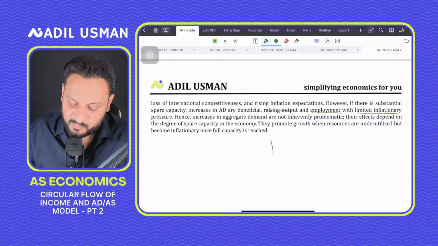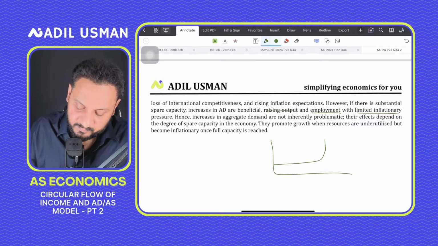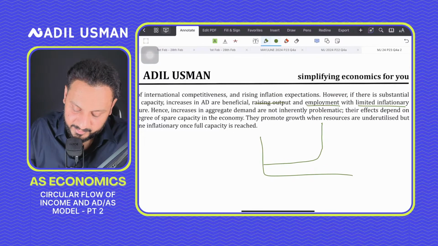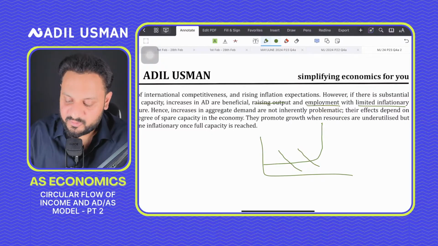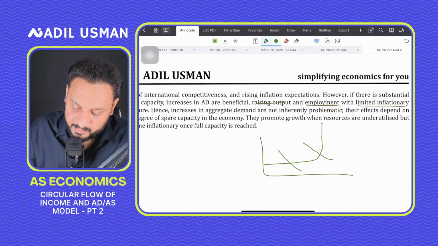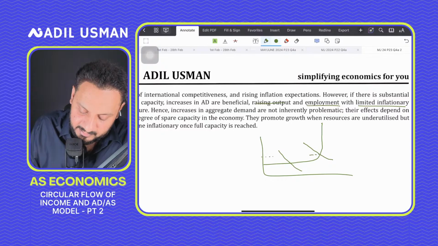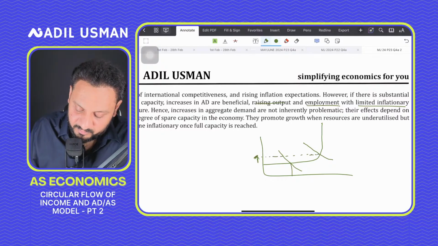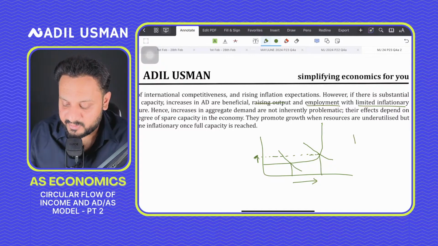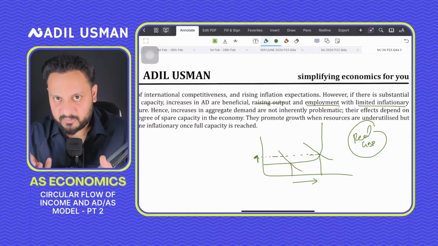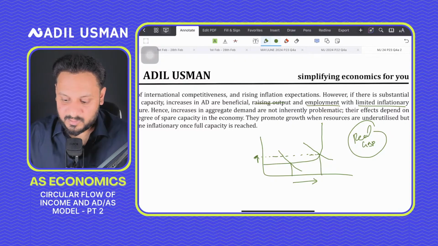So if you have a lot of spare capacity in the economy, you're somewhere here, let's say you're somewhere here, so an increase in output is going to cause either no inflation, or let's say if you move from here till here, then there's very limited inflationary pressure, but the increase in real GDP, real output, actual production going up, more output is being made.